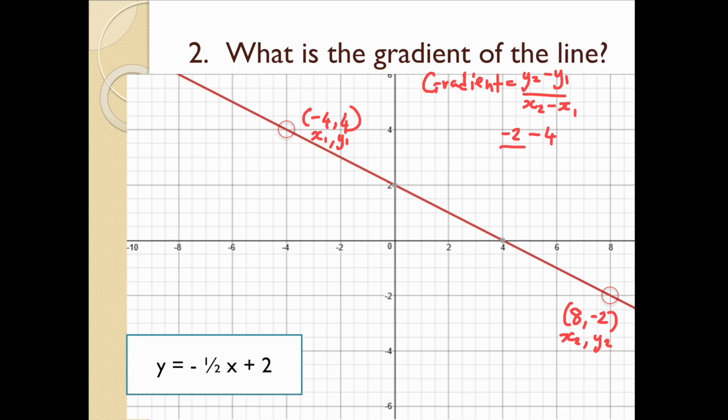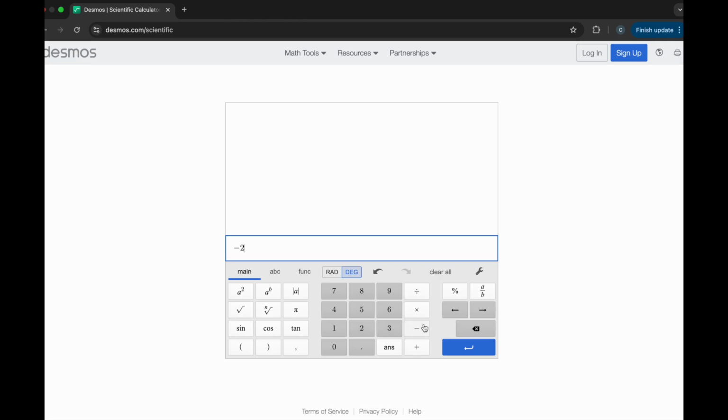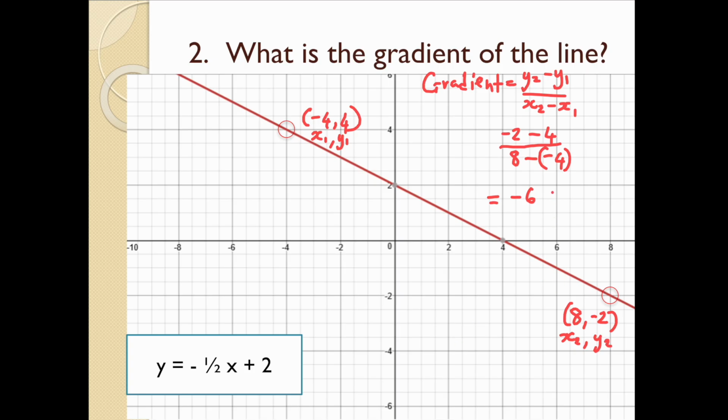And then that's going to go over x2, which is 8, and it's going to be 8 subtracted by x1, which is -4. So don't forget to put the -4 here. It's tempting to leave it as just 4, because a minus is already here, but we still have to put the -4. So in this case, -2 take away 4 is -6. Now the next thing it's gonna ask us is 8 take away -4.